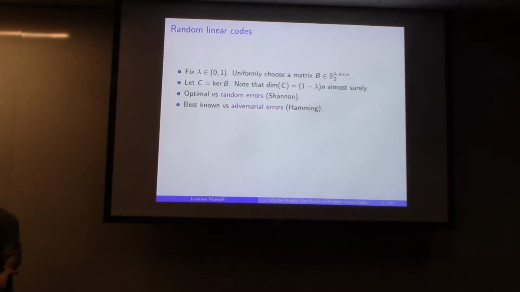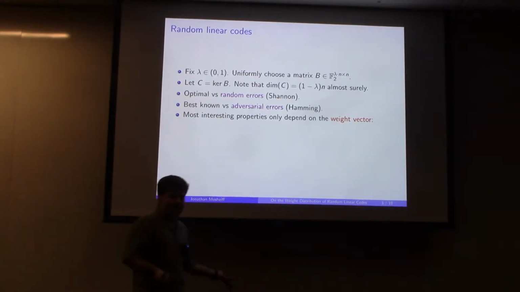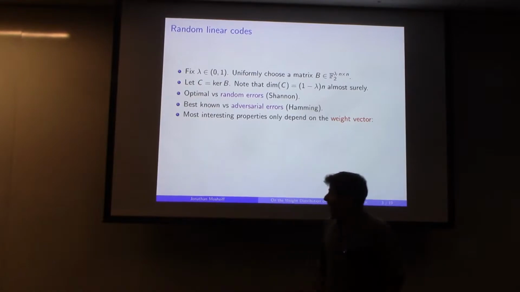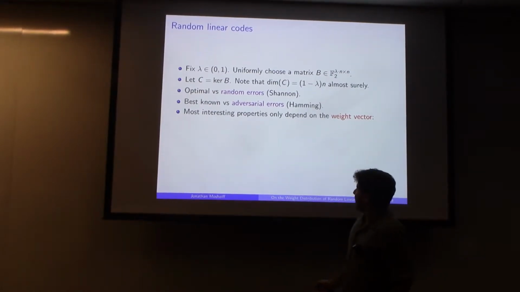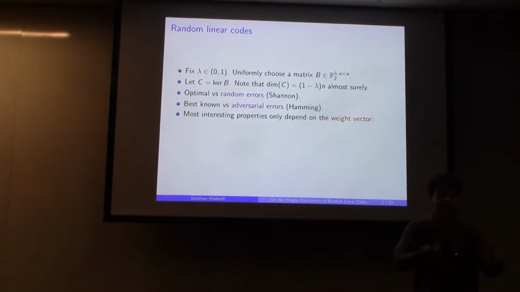We don't know the exact trade-off in this case, but this is the best we know how to do today. So these codes are very important and basic, and we'd like to investigate what they look like.